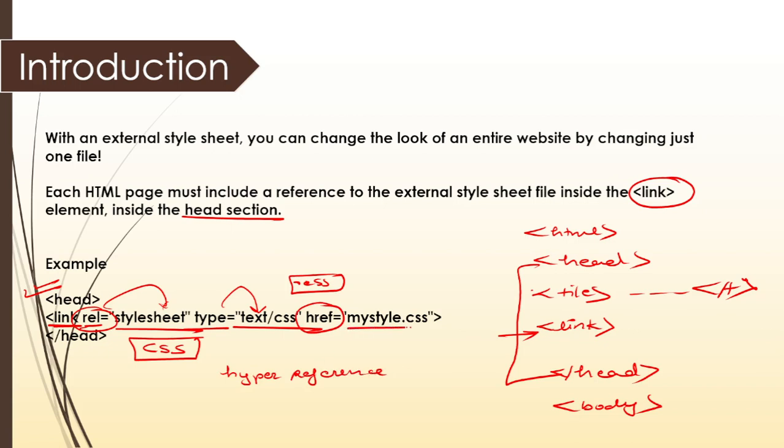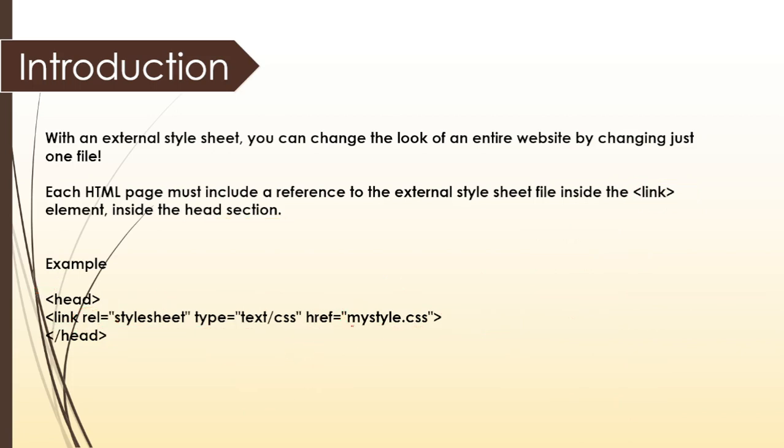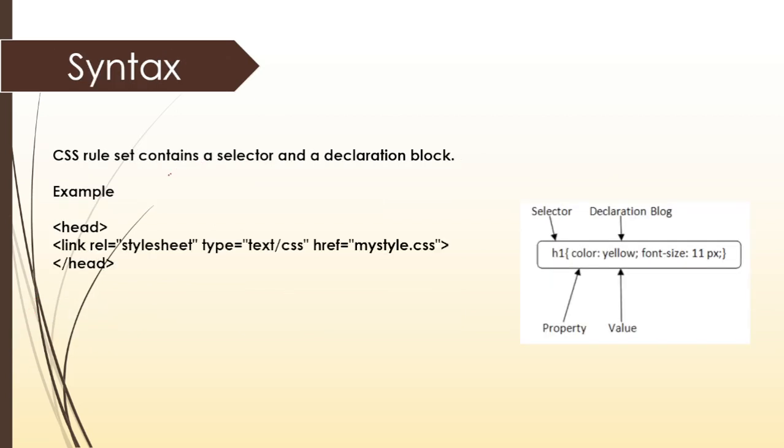Hyper reference is used to link, or to join, the HTML page with the cascading style sheet page. Here is the name of my cascading style sheet file, and we have written this example in our html.html file. As I have told you, we need two files, .html and .css.